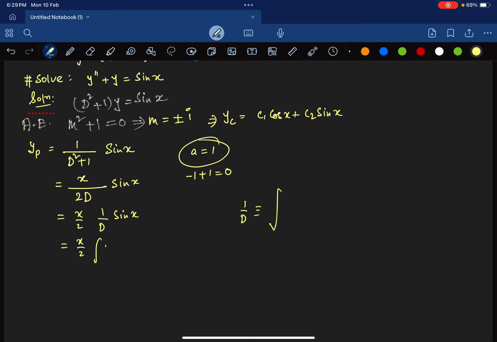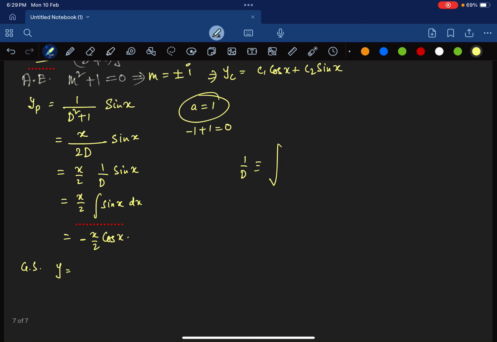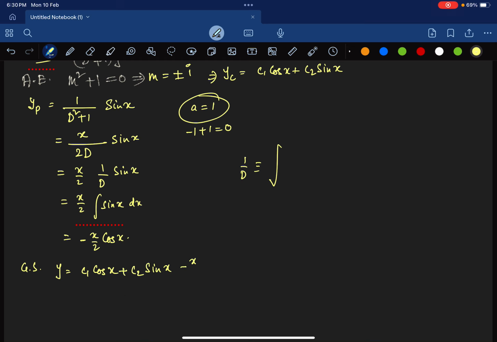So here you can immediately perform this calculation, that is the integral of sin x dx. Integration of sin x gives minus x by 2 cos x. The general solution is y equals c1 cos x plus c2 sin x minus x by 2 cos x. This is one technique, once you have this 1 by D term.